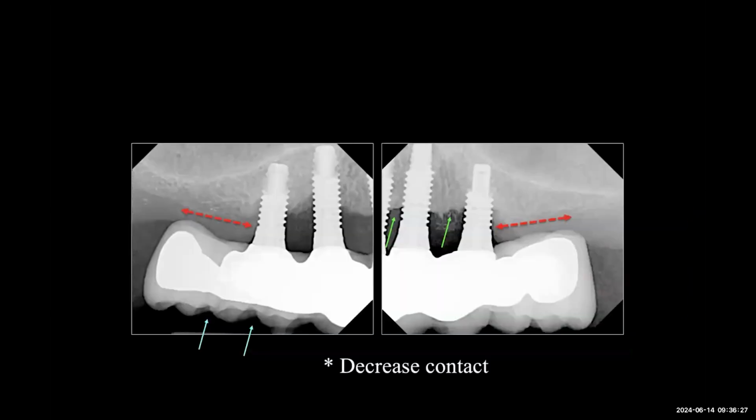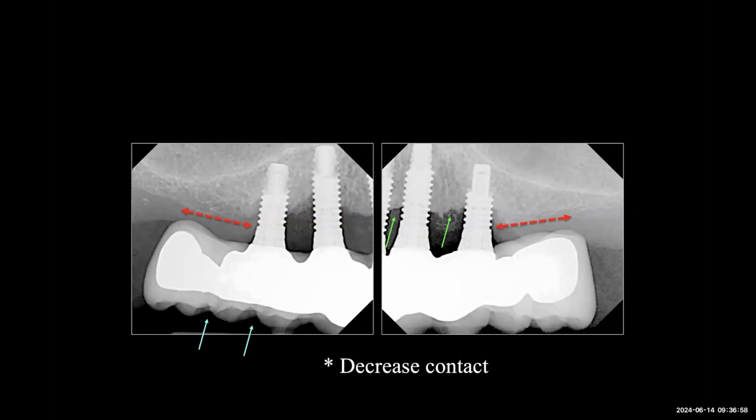Now, if you do have cantilevers, what you want to do is minimize the contact. So make sure the occlusion is less on those cantilevered areas. In this example, you can see the bone loss by the green arrows, the red arrows showing you the cantilever, and on the lower left, the blue arrows showing you the large cusps that are hitting into that prosthesis.